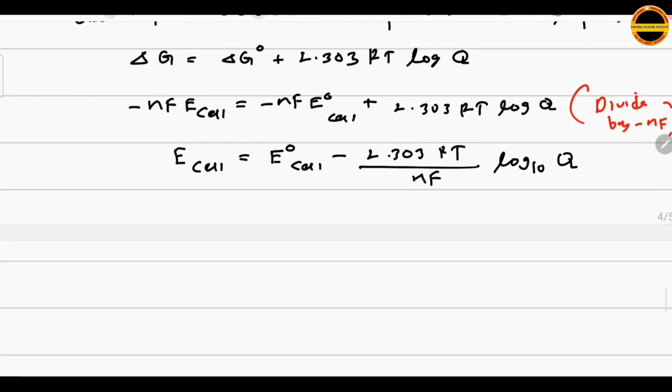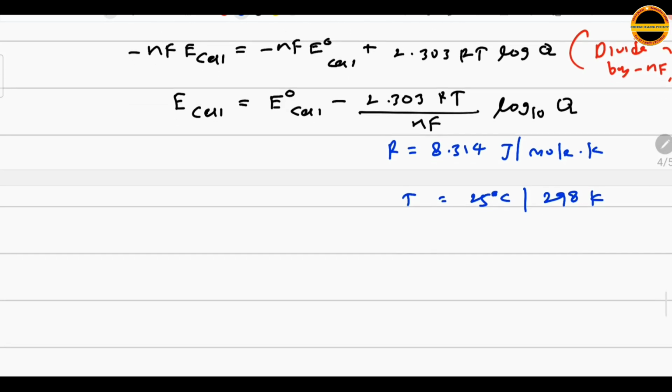What are the values here? R is 8.314 joule per mole per Kelvin. Temperature is 25 degrees Celsius, which is 298 Kelvin; in Kelvin we have to substitute.